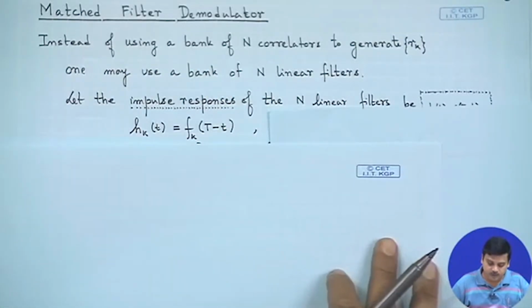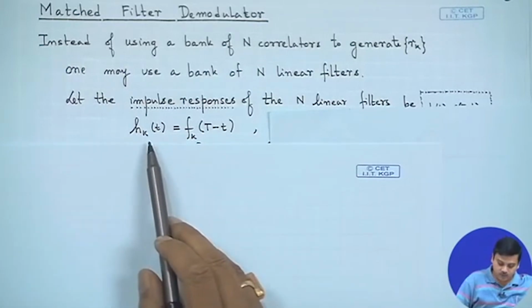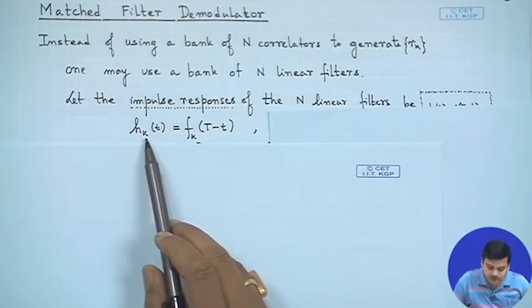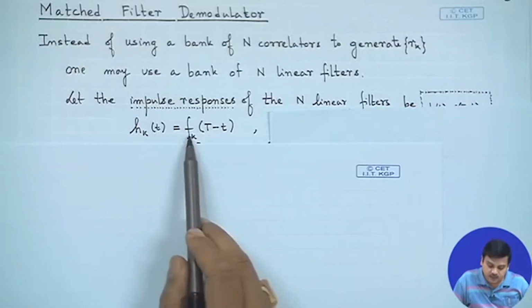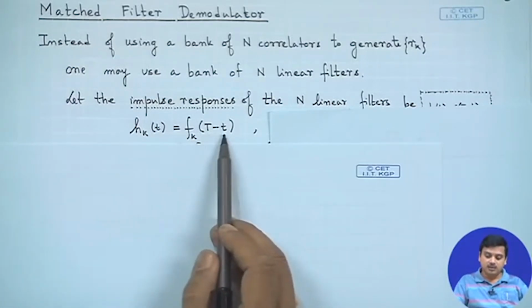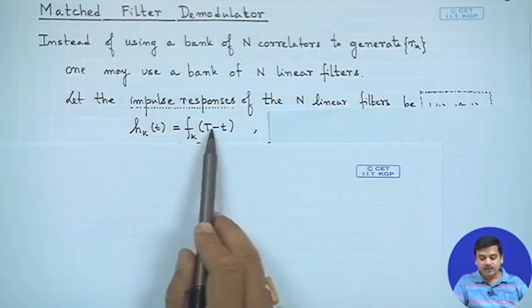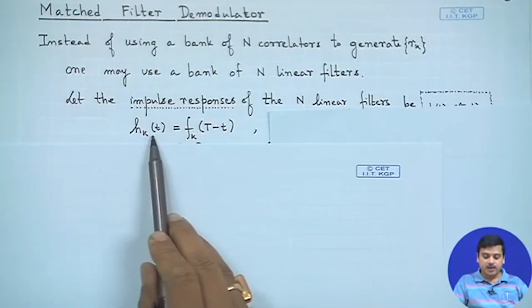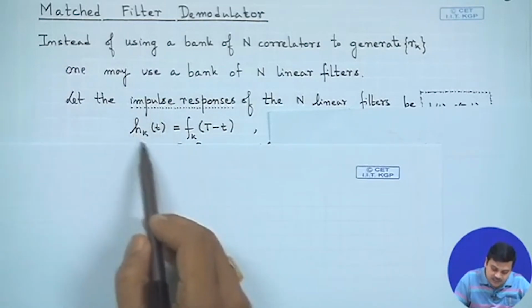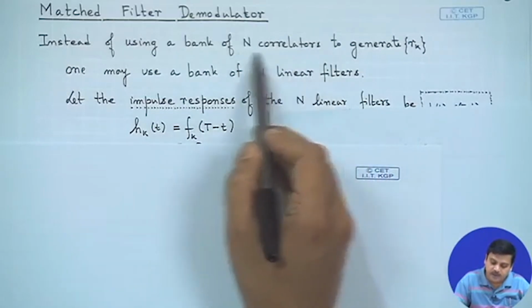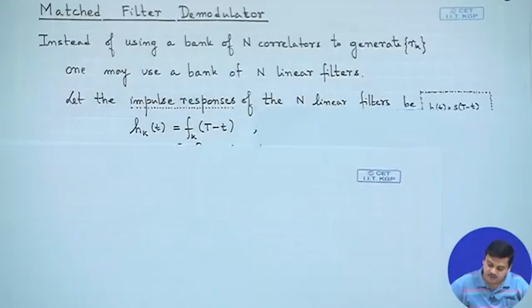We choose filters with impulse response h k, because we have different basis functions. So, h k of t is equal to f k of capital T minus t. This means that you are flipping the basis function and assigning it as the impulse response. This impulse response is the filter which has to be used now, replacing the bank of n correlators. This is just a different view of it.